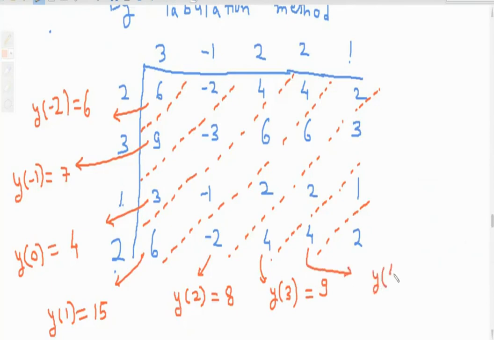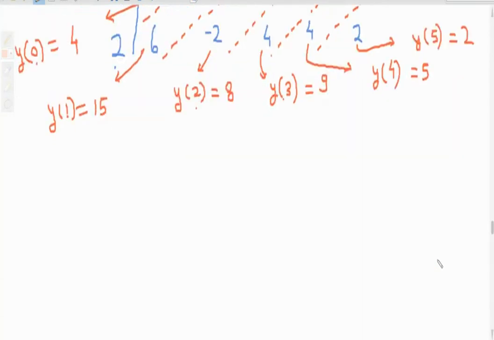So y of 4 equal to 4 plus 1, 5. And this is the last value, which is nothing but y of 5. Y of 5 equal to 2. So see here, the first value will be the lower limit value. Lower limit is minus 2. So this is y of minus 2 equal to 6. Then minus 1, then 0, then 1, then 2, then 3, then 4, and then last 5. So this is how we have calculated all values of y of n.